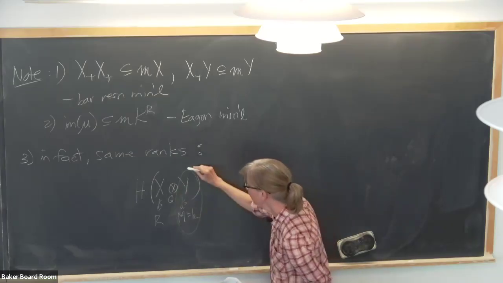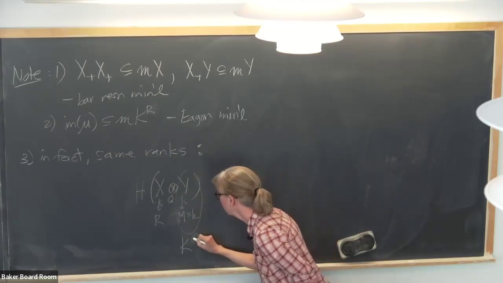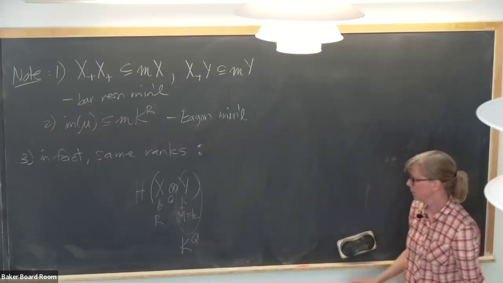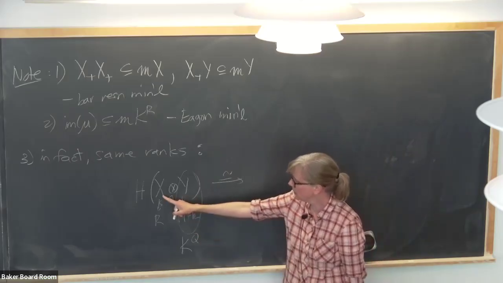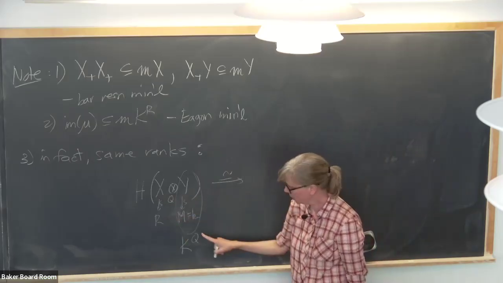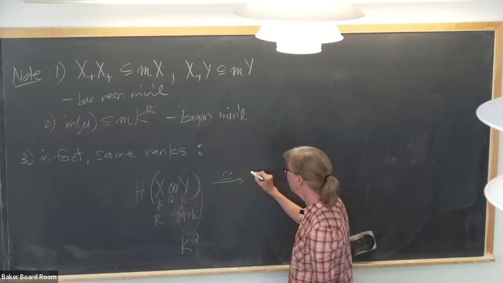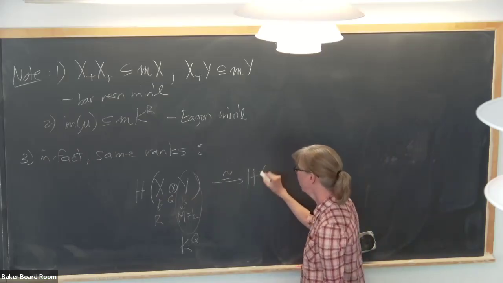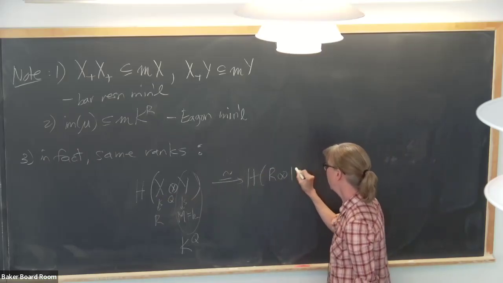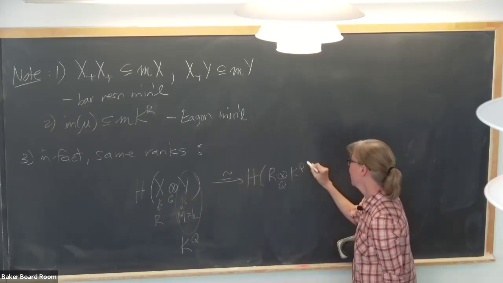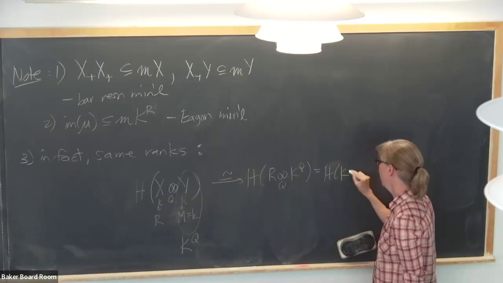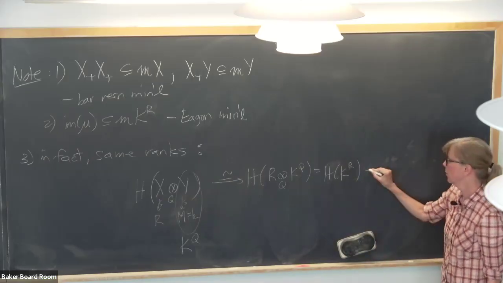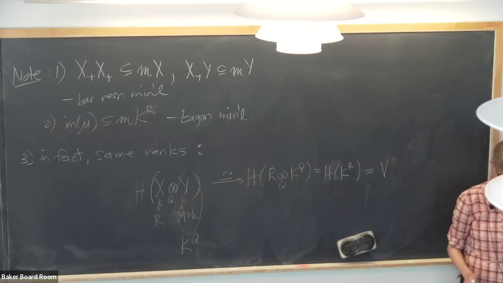So this one here is really a Koszul complex on the ring Q. We can get to Koszul homology by replacing X by its quasi-isomorphic R, because the other tensor factor is free. This is isomorphic to R tensor KQ, which is really just homology of KR, which is what we were calling V.